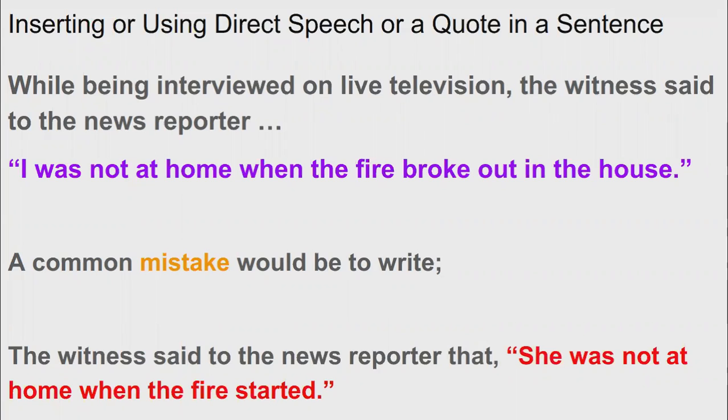So if the speaker says to you, "I wasn't at home when the fire broke out in the house," then to accurately describe that sentence, you would have to rewrite it in the same words and manner that the person has spoken. Now, if, however, it was reported speech, it would be done in a different format.